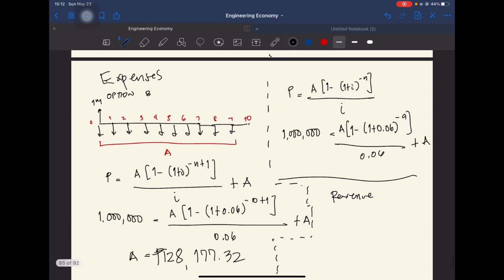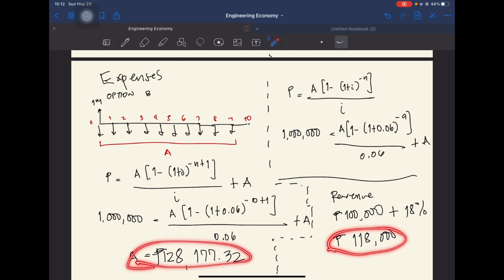Okay? Ang revenue nila is they have 100,000 a year. Tapos, plus yung 18% niyan. E di syempre, they have 118,000 pesos. Yan yung revenue nila sa loob ng isang taon. Okay? So, revenue minus expenses, ibig sabihin, mas malaki pa rin yung expenses nila.